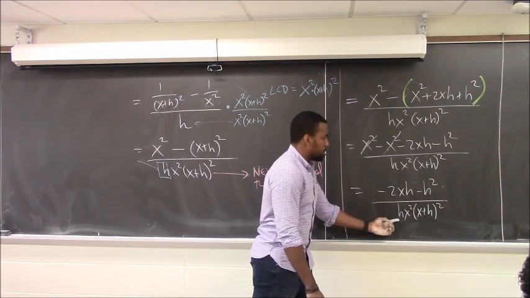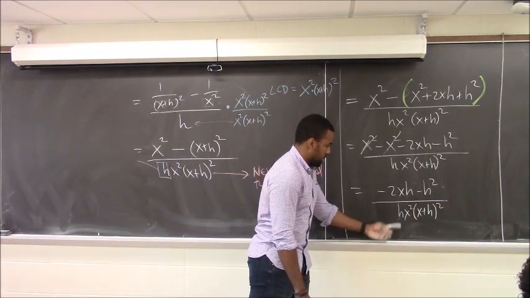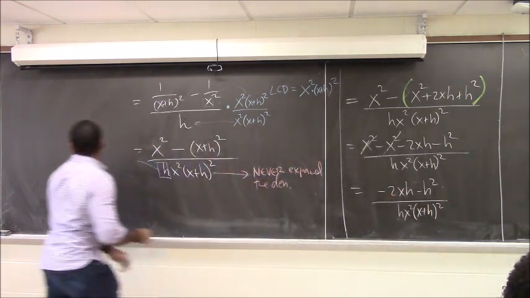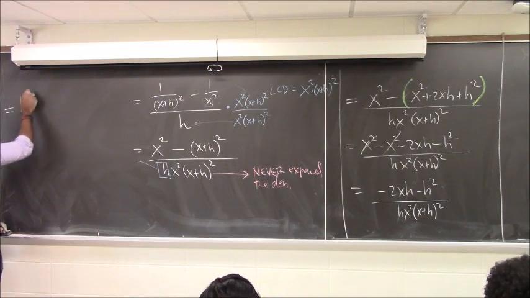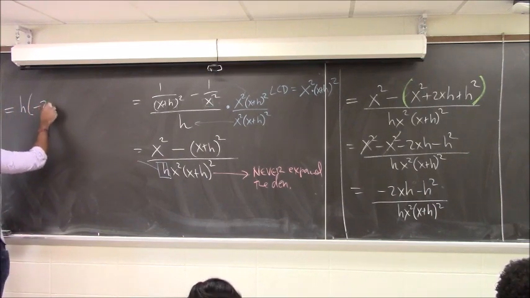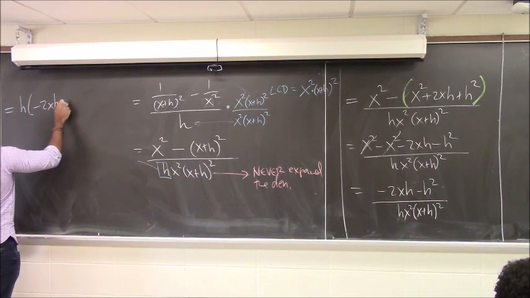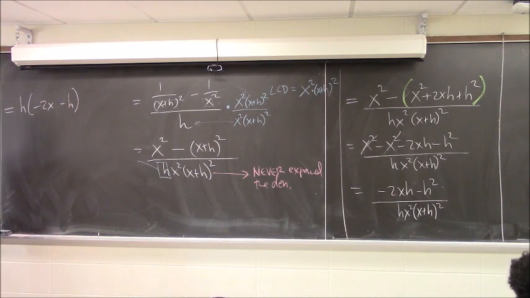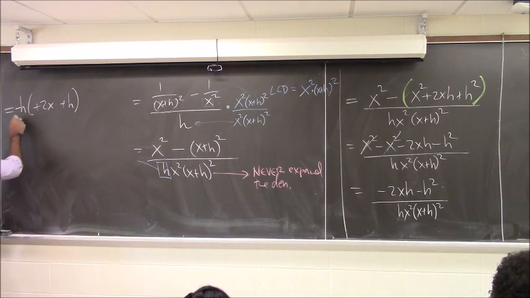But canceling h is the point, so how can I get that done? Factor. H is a common term, so the first thing I would do is factor that h out. Nothing wrong with it.